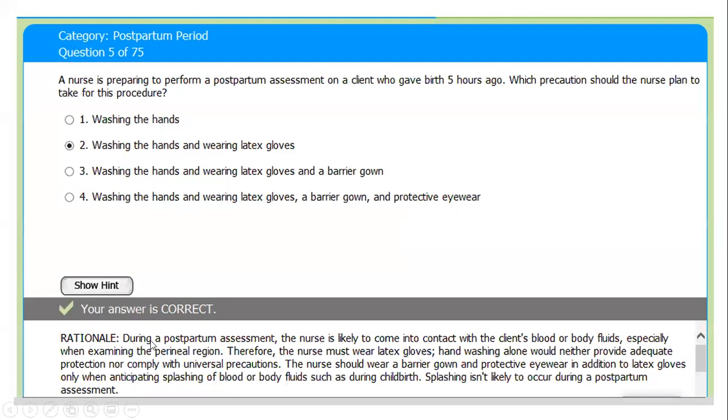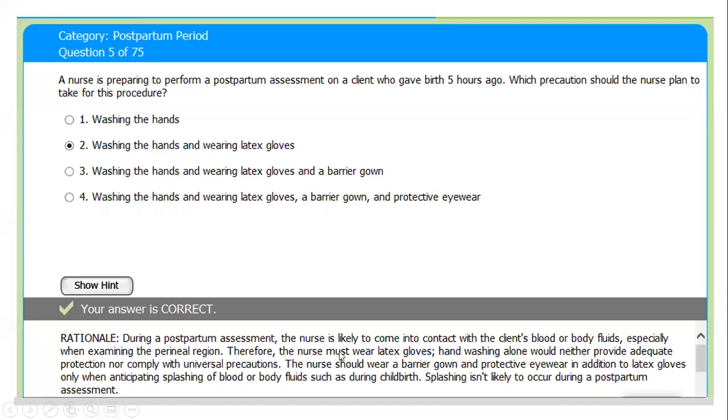The rationale said during a postpartum assessment, the healthcare provider is likely to come into contact with the client's blood and body fluid, especially when examining the perineal region.